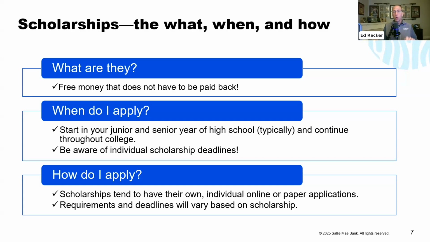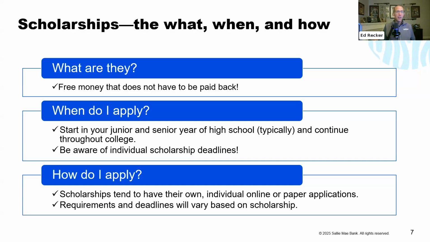You'll also want to be aware of individual scholarship deadlines. So there is no real universal scholarship due date. A lot of scholarships will have their own individual, not only applications, but also deadlines. So you'll want to keep that in mind as you search for scholarships.